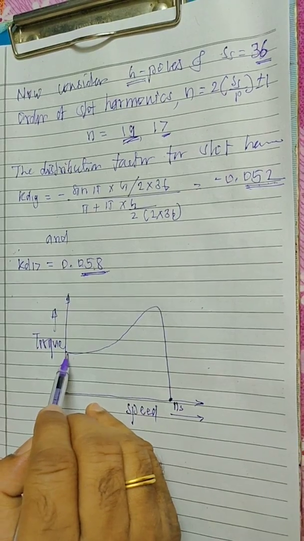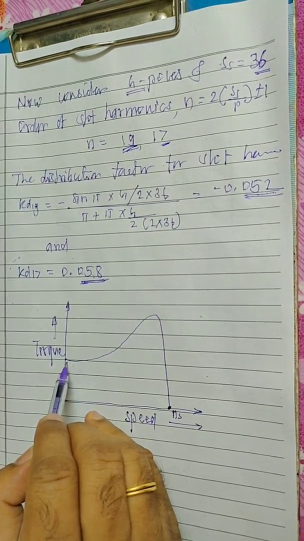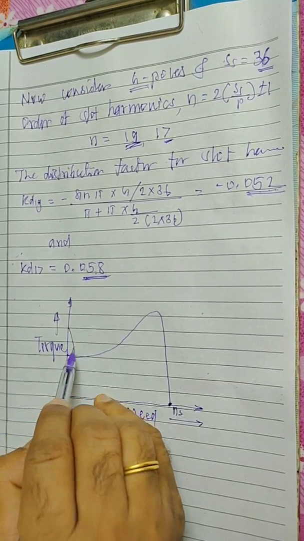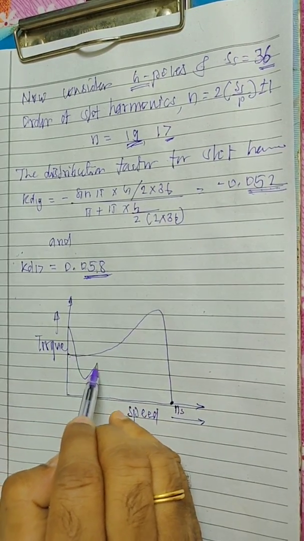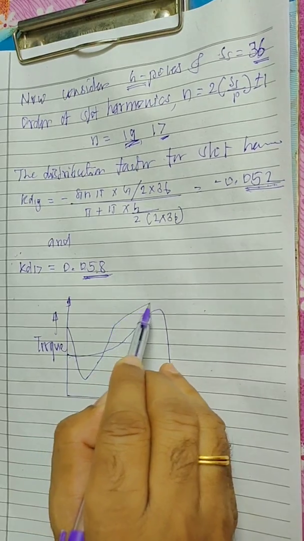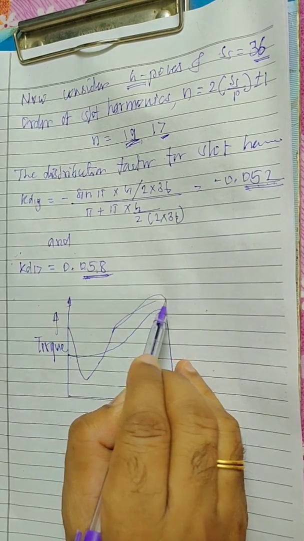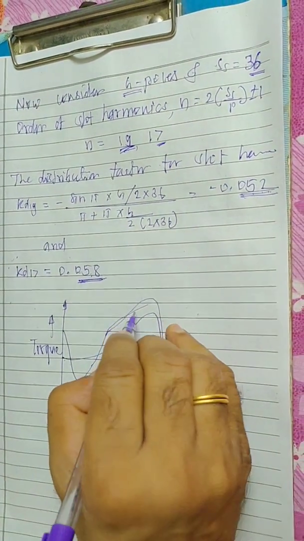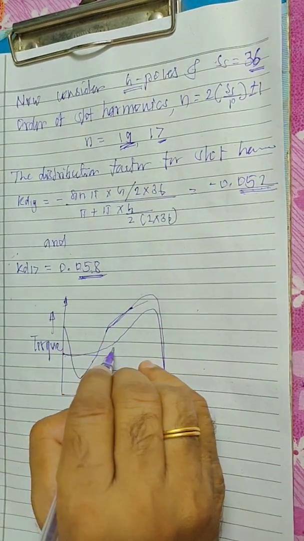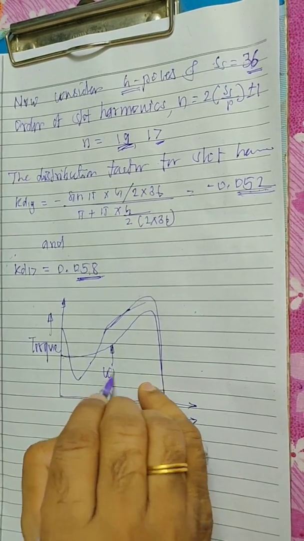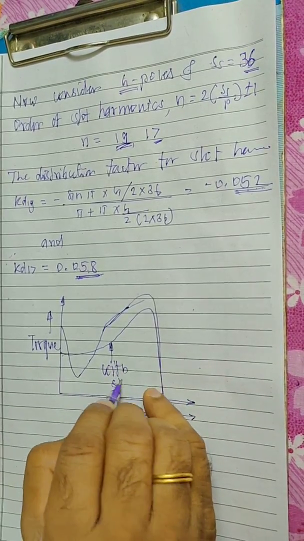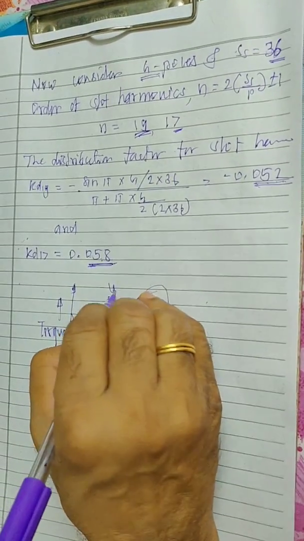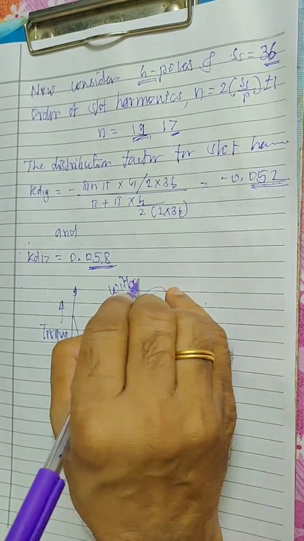So this is the torque speed characteristic with skew, and this is the torque speed characteristic without skew.